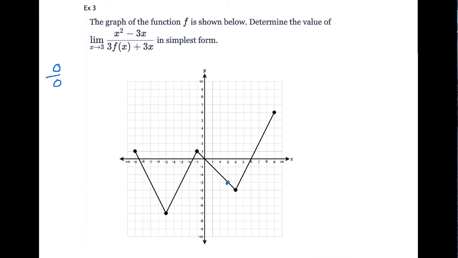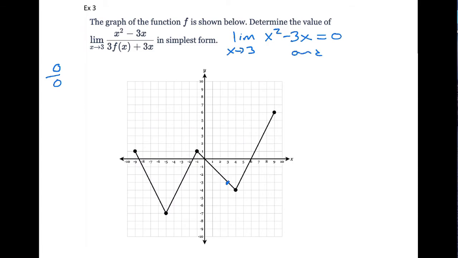So you go, okay, well, shoot, now I have to use L'Hopital's rule. That's okay, because then what that means is you probably want to establish that. So you want to write that out. You want to look and go, okay, the limit as x goes towards 3 of x squared minus 3x is equal to 0.